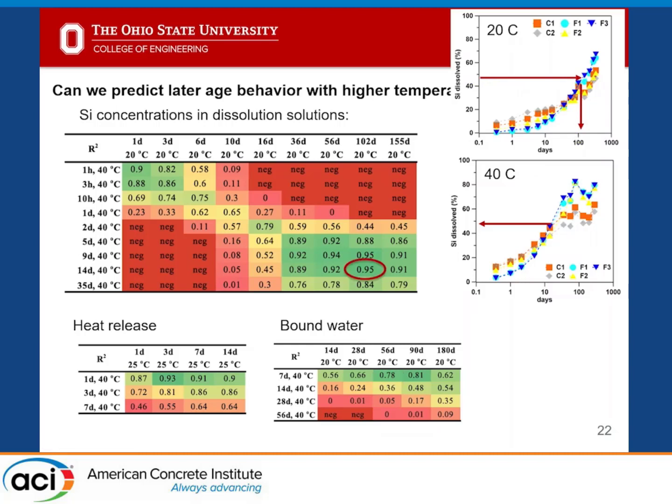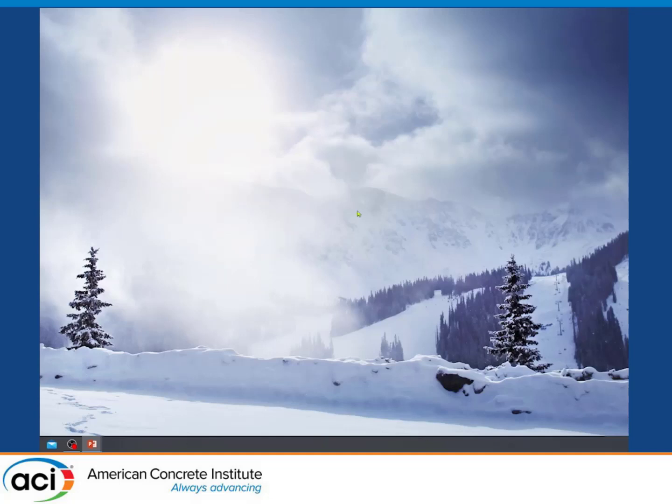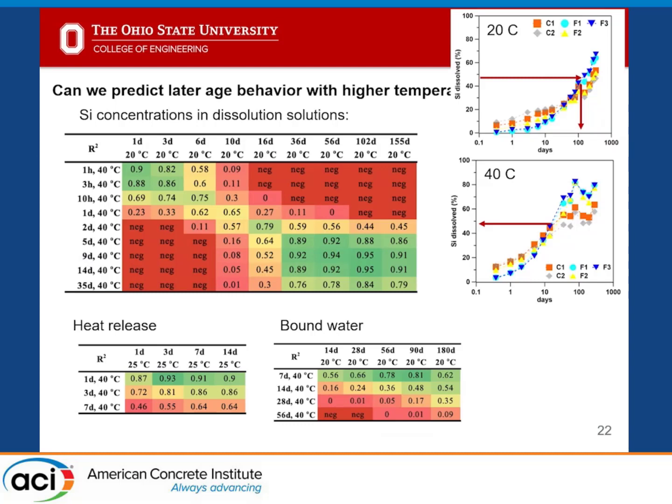All right, so the finding is we can actually relate the dissolution results at longer ages, and it's a comparison of, so at 14 days at 40C, we get about the same amount of reaction as is occurring at 100 days at 20C. We have a good relationship between that.